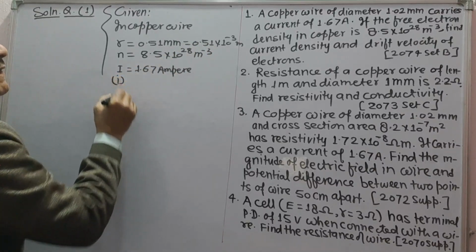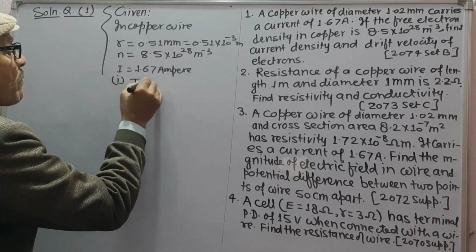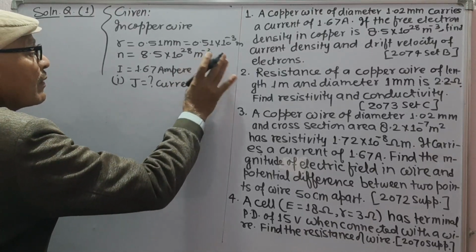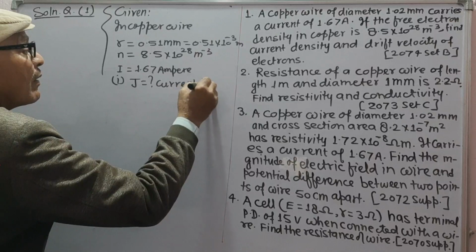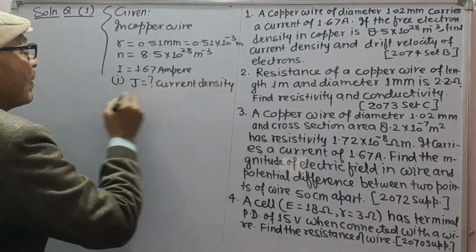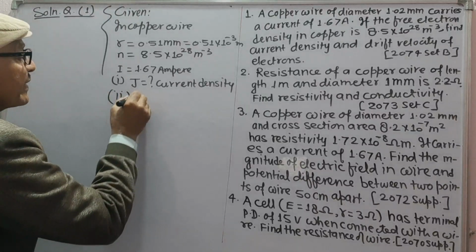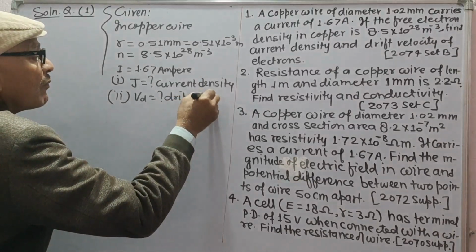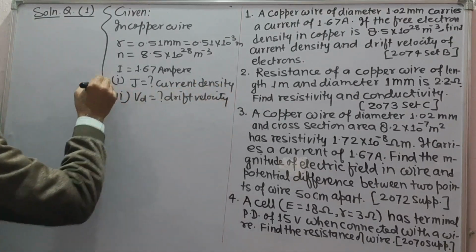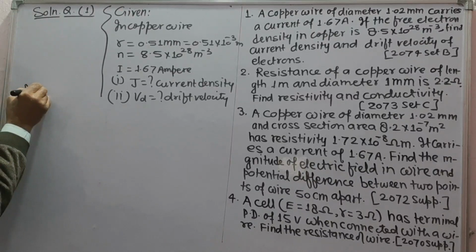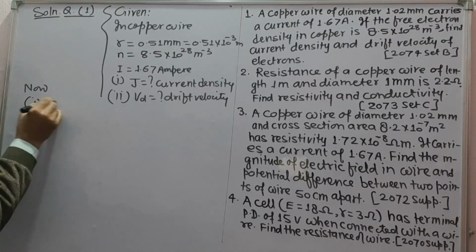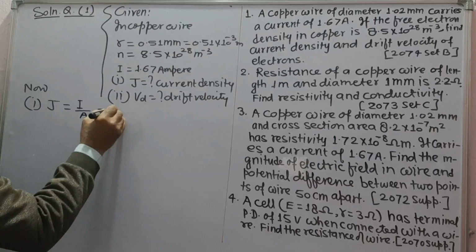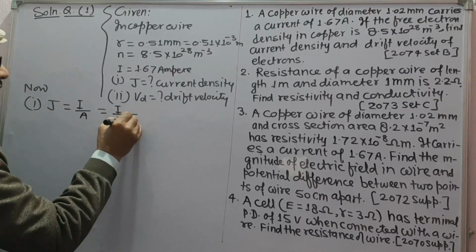We have to find the current density and drift velocity. Now, surface current density J is given by current per unit cross section area, so it will be I upon pi r square.